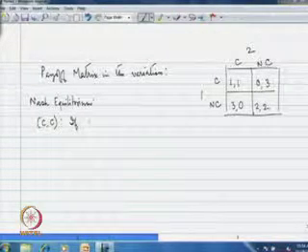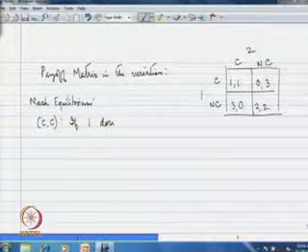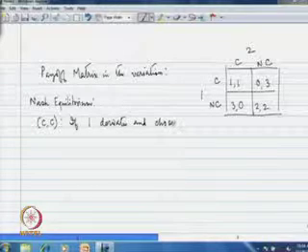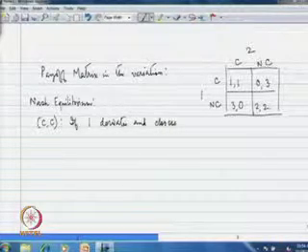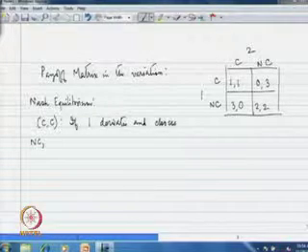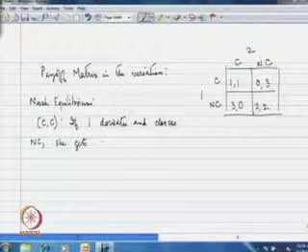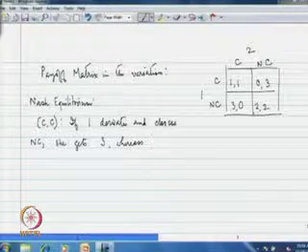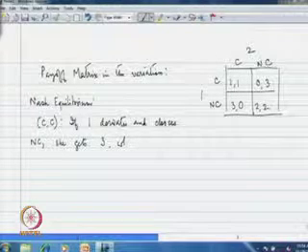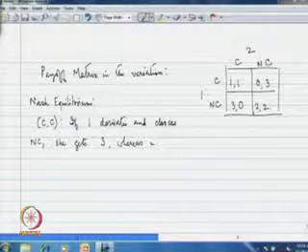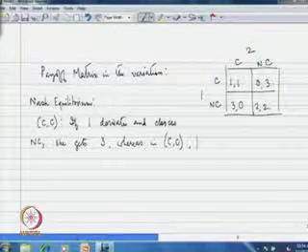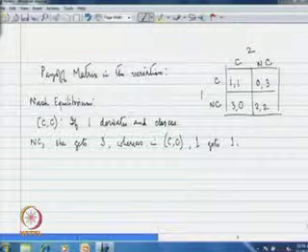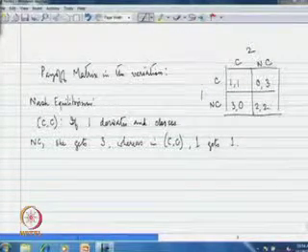So, if player 1 deviates and chooses NC, she gets 3, whereas in CC one gets 1. So, for player 1 playing NC is better than playing C.